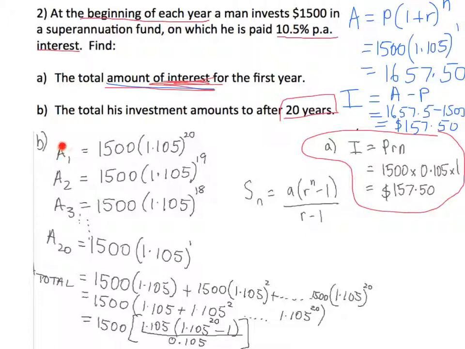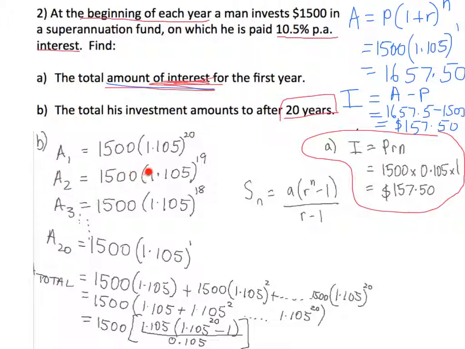The first amount, A1, $1,500 is the principal, and that's going to be earning interest for 20 years, because the money is put in at the beginning of the year and the question asks how much is in the account after 20 years.